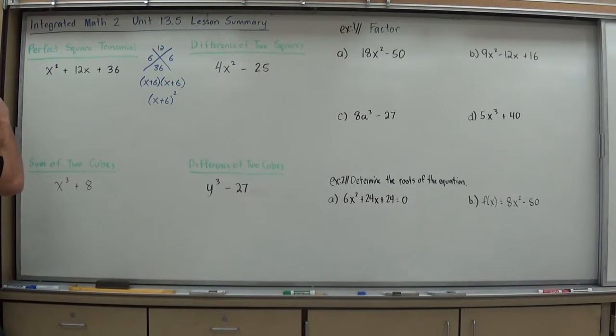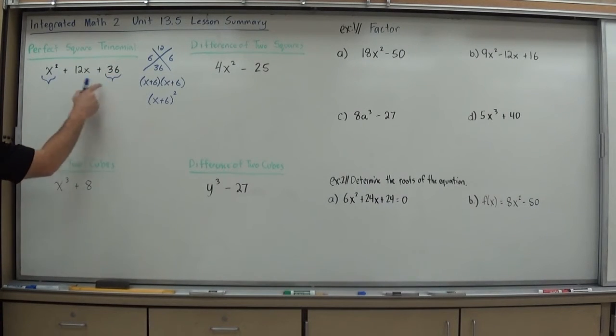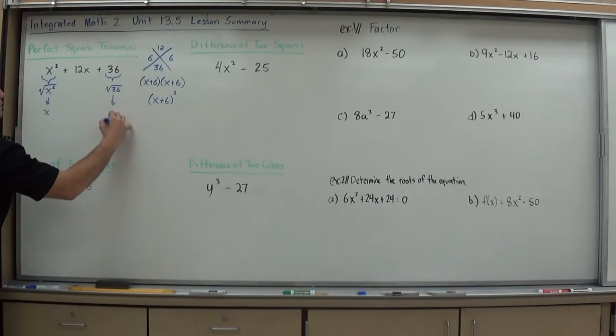Here's what you're looking for to identify this. You need the first term to be a perfect square, x squared, so that's a perfect square. You need the last term to be a perfect square. 36 is a perfect square. You want to see what those become. So the square root of x squared is x. The square root of 36 is 6.